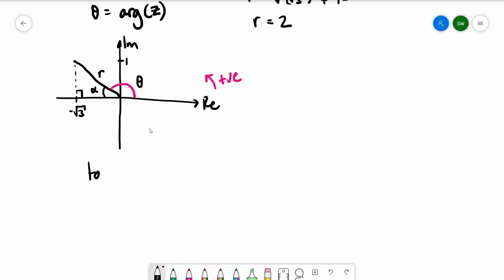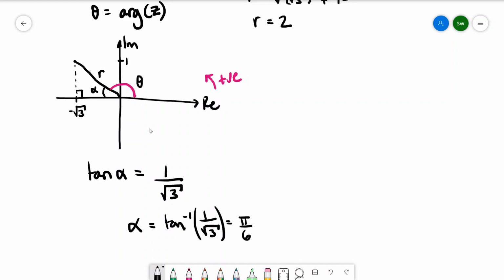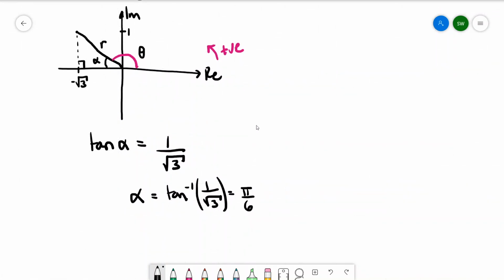So we know that tan alpha is equal to opposite, which is 1, divided by the adjacent length, which is root 3. So we'd get that alpha is arctan of 1 over root 3, which is pi over 6. So we know that theta must be pi minus pi over 6, which is 5 pi over 6.